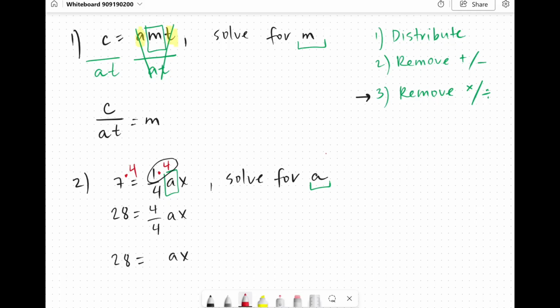Remember, our goal is to get the a by itself, so all that's left to do is to remove the x. X is attached to a through multiplication, so we will divide both sides by that x, which cancels the x's next to a, which is exactly what we wanted. And on the left, you have 28 over x equals a.